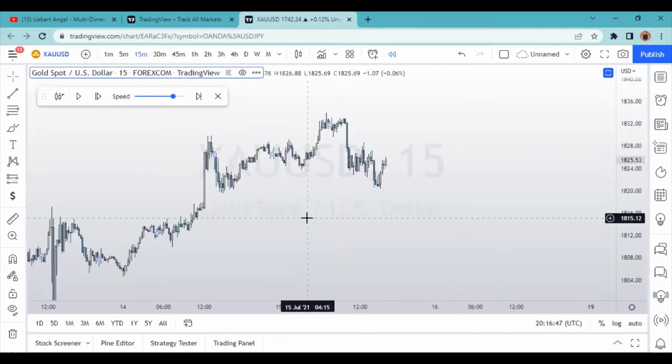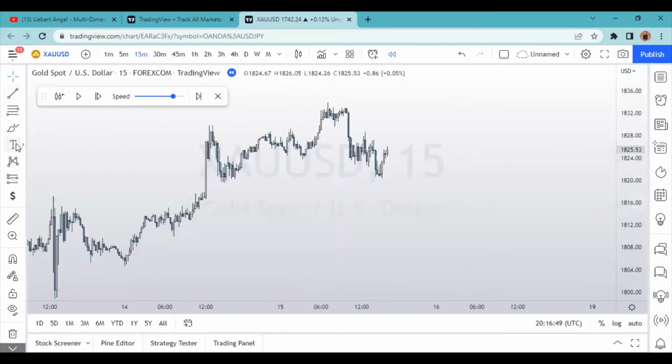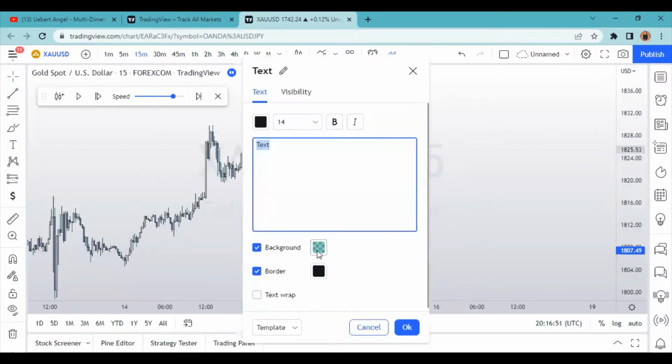So for every break, you should always know the rule: for every break, you should look for a retest.